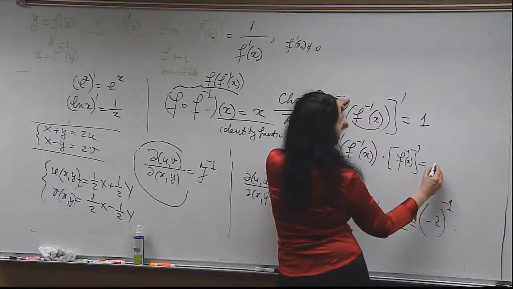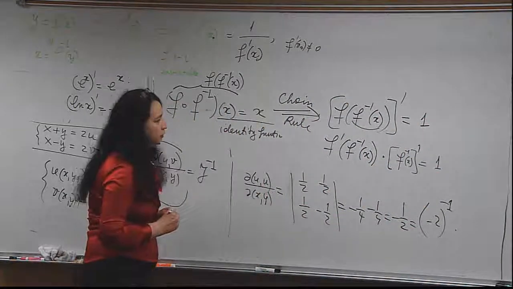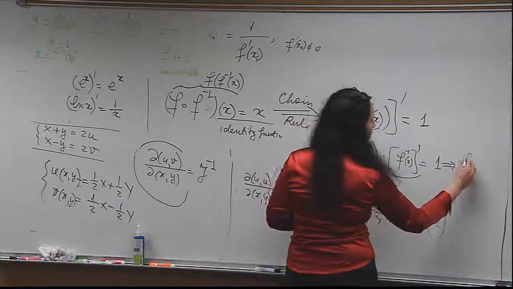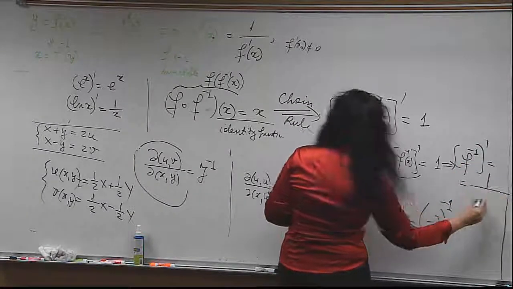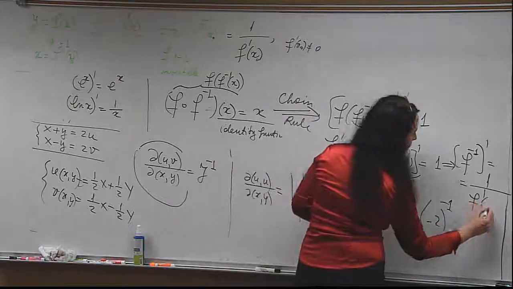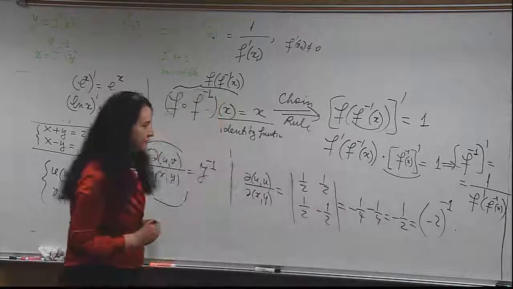Equals 1. That was x prime. So, the derivative of the inverse function, alrighty, f inverse prime is 1 over f prime of f inverse of x.